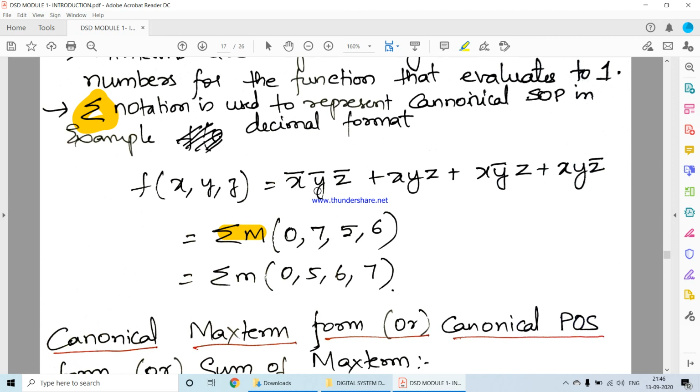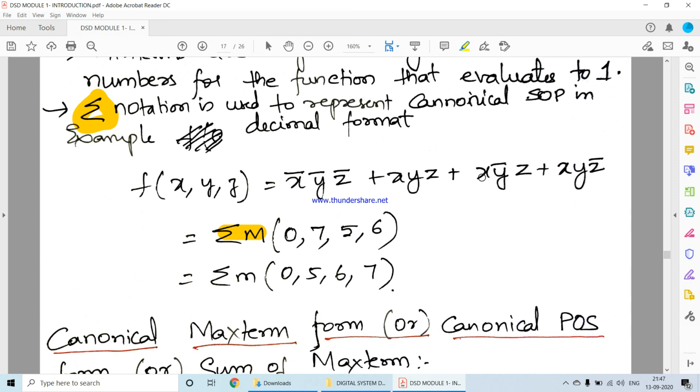Now we all know that x bar y bar z bar, in minterm 0 is complemented whereas 1 is normal. Therefore x bar says it is 0, y bar says it is 0, z bar says it is 0. 0 0 0. The decimal equivalent of 0 0 0 is 0. Now x y z. X is 1, y is 1, z is 1 because 1 is in normal form. Therefore 1 1 1 is 7.